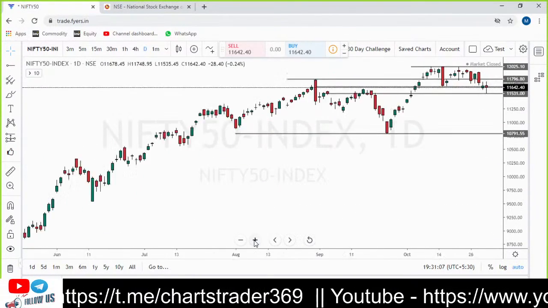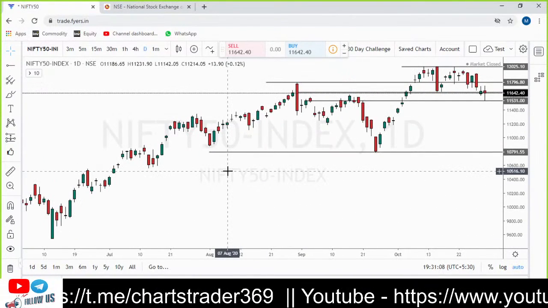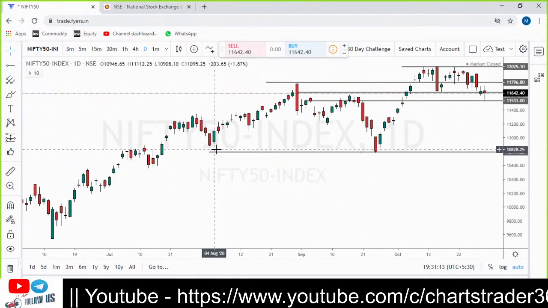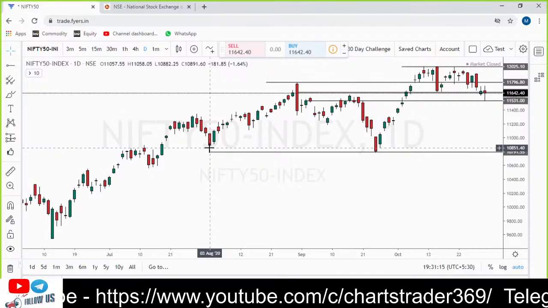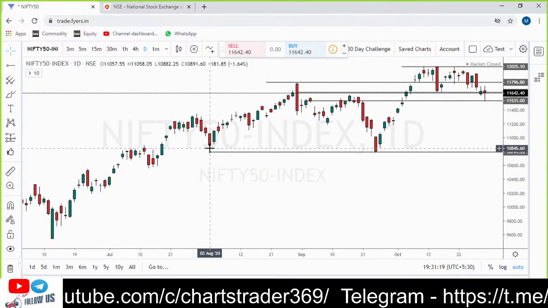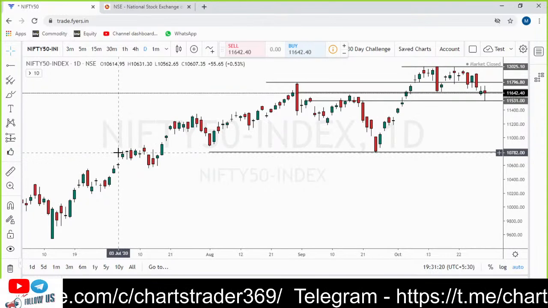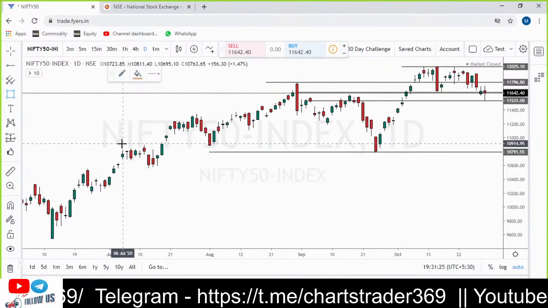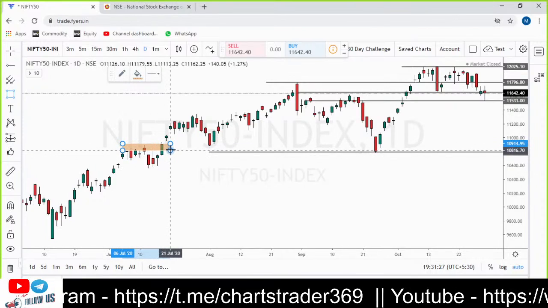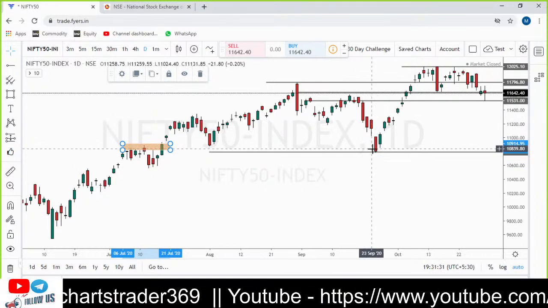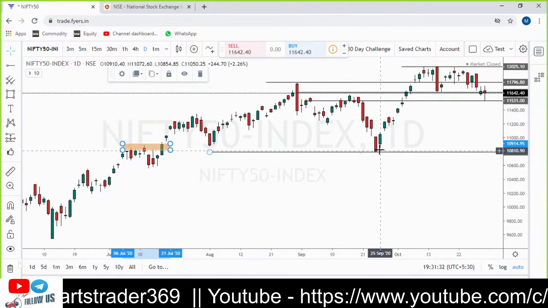If you see here, it went up, it came down, but towards the left side, there is no support here. There is a shortage of support here, but if you look further left, there is an area, this area. This is one of the resistance areas. Earlier it acted as a resistance, now the same area is acting as a support.